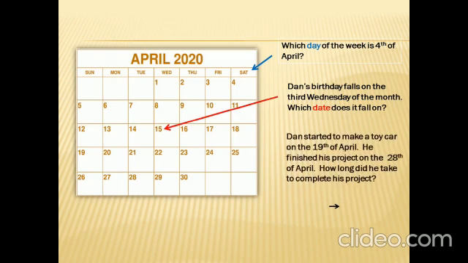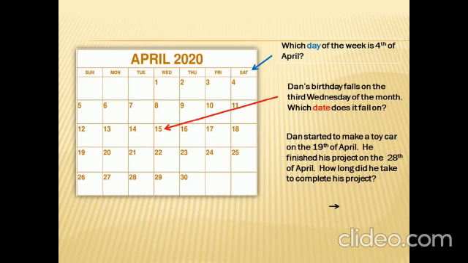Dan started to make a toy car on the 19th of April. He finished his project on the 28th of April. How long did it take to complete his project? What do you have to find here, children? You have to find the duration.